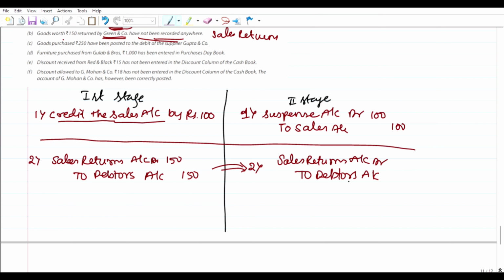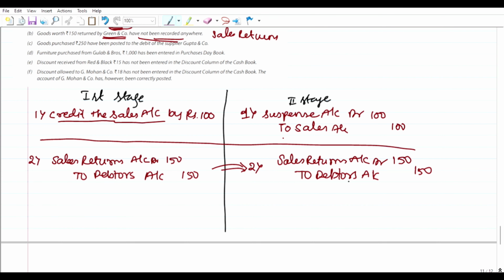Here, sales returns account debit to debtors account. Sales is nominal, so sales returns will always be nominal, by rupees 150.